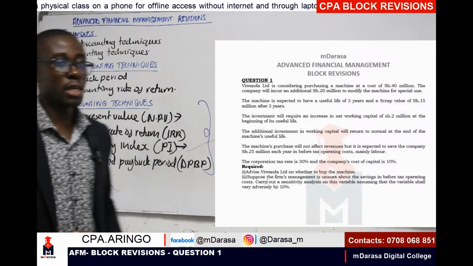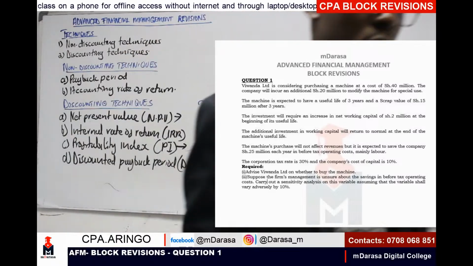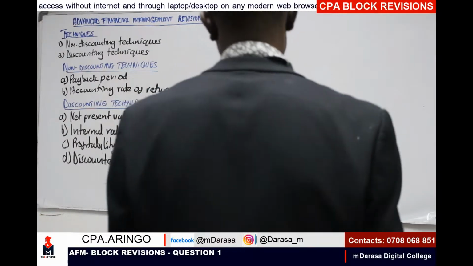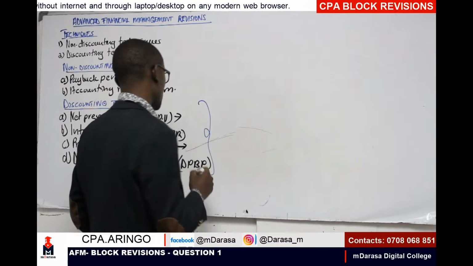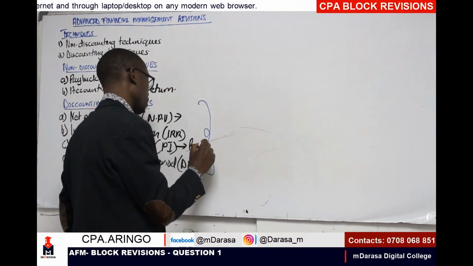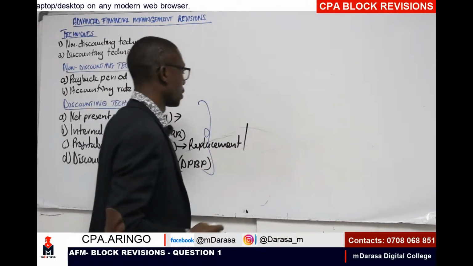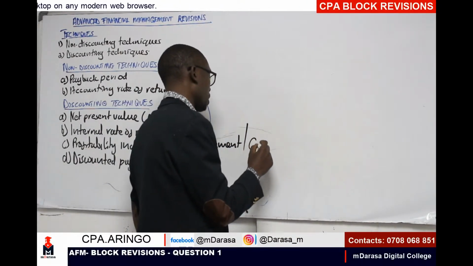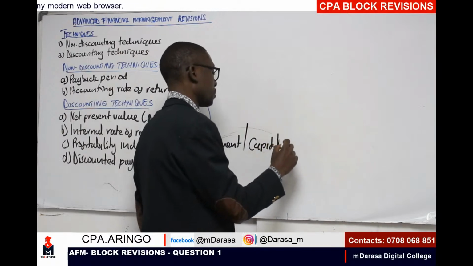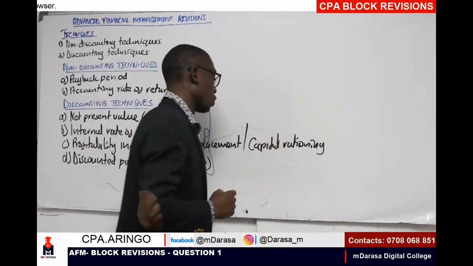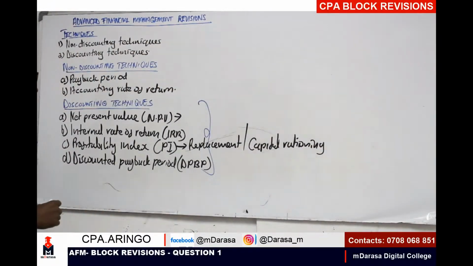At what point will you be expected to use profitability index, my good students? These are situations where we are dealing with replacement decisions, or where I am having capital rationing. These are where we normally tend to use the profitability index, PI.